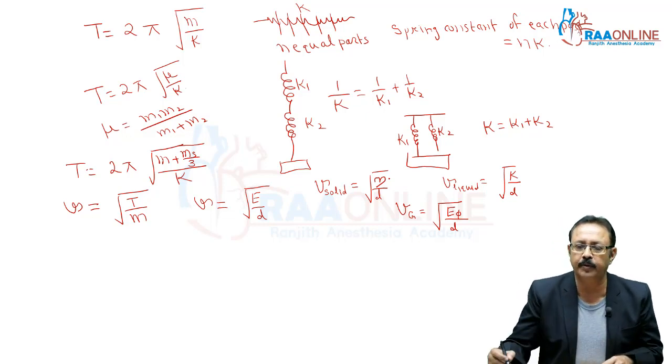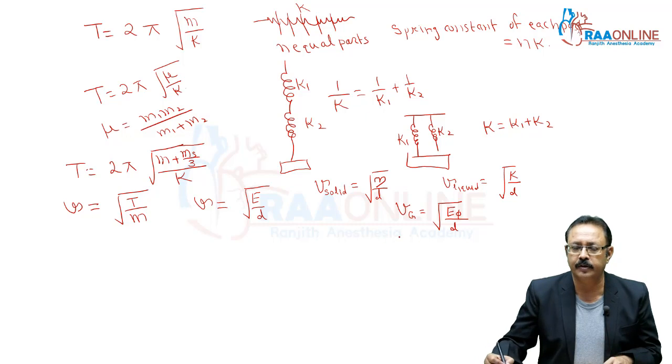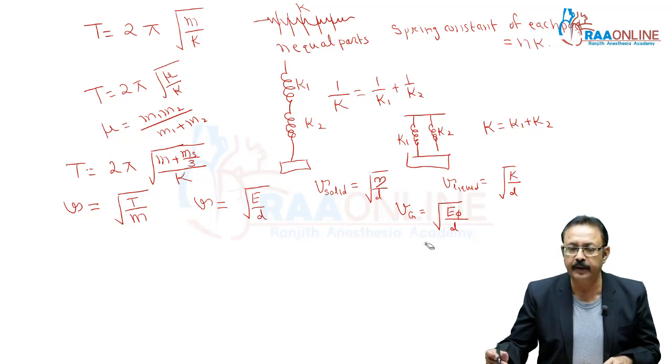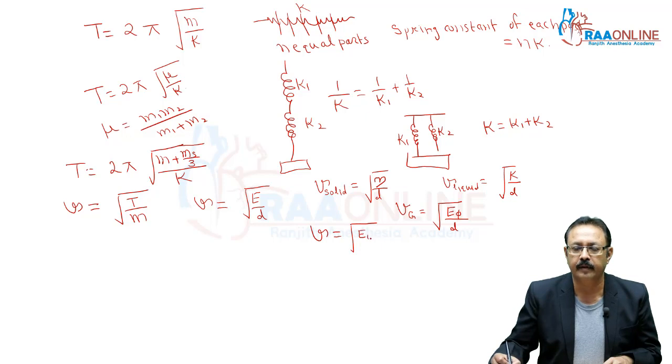And what formula did Newton give for the velocity of sound in air? It was v equals root E theta by D.